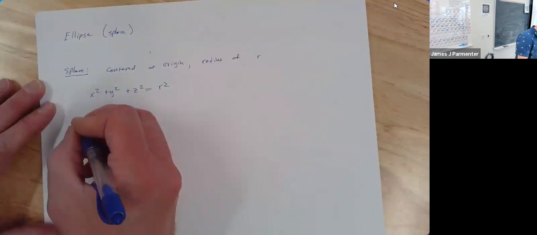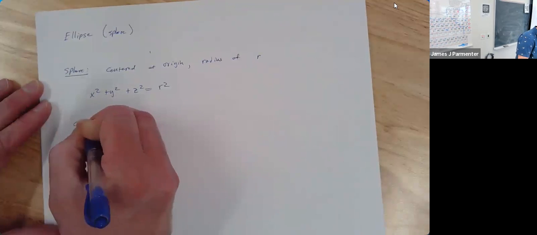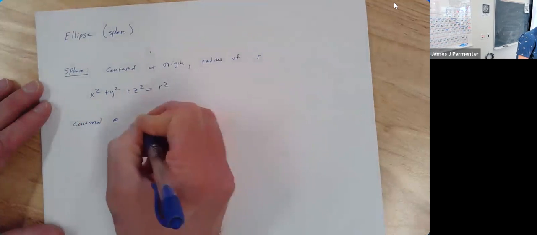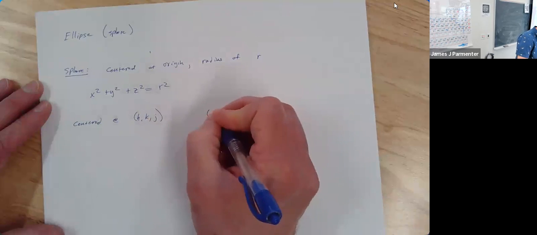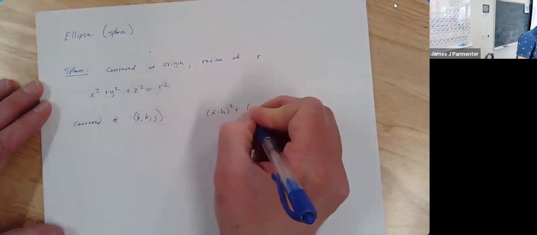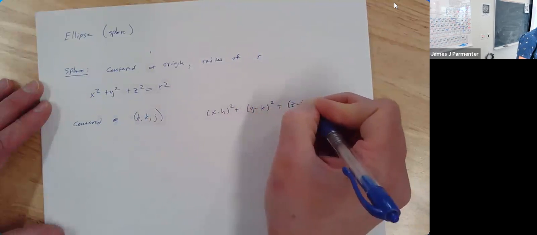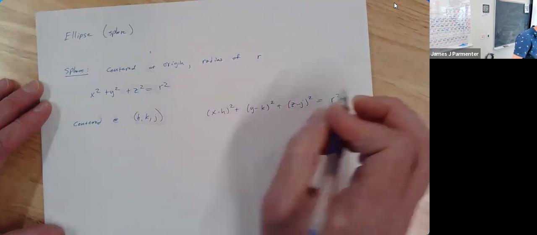Or if you prefer centered anywhere, centered at the point (h, k, j), it's just going to be (x minus h) squared plus (y minus k) squared plus (z minus j) squared equal to r squared.